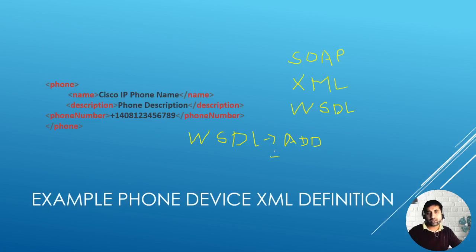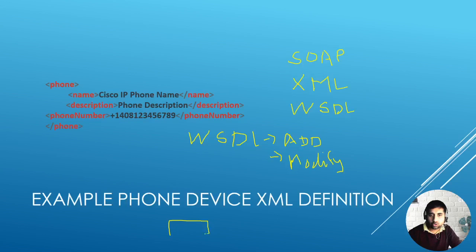You can modify a phone or something like this. So all these web services will be defined, and then these provisioning applications can use these web services and then send the transaction to happen.